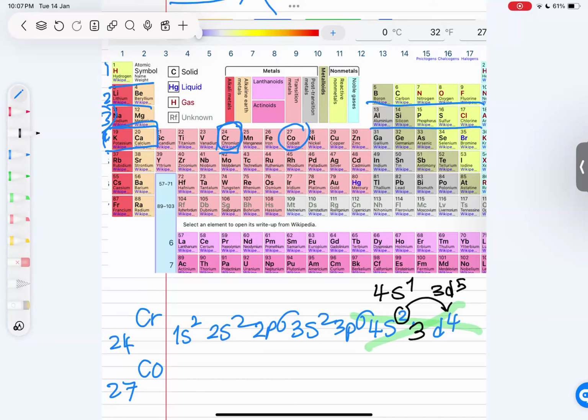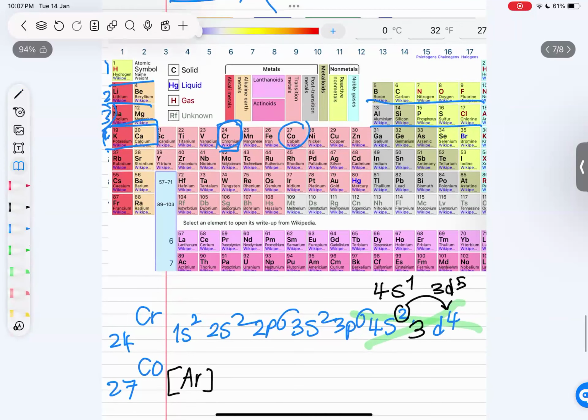Type cobalt with abbreviation. It's argon, and after argon there is potassium and calcium. So it is 4s2 and 3d how much?